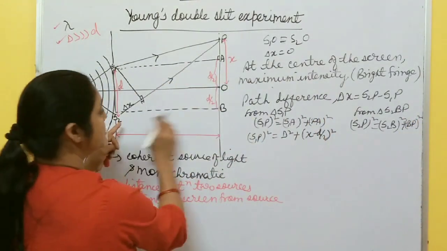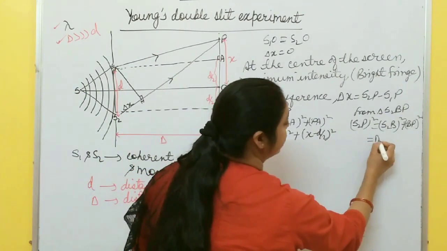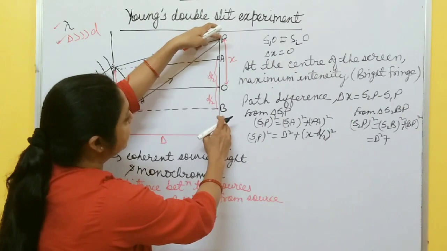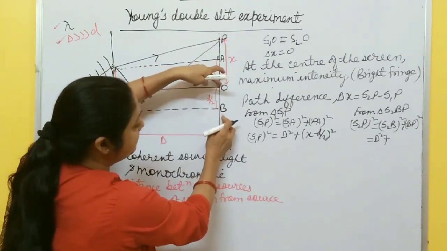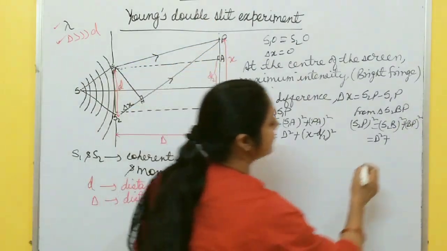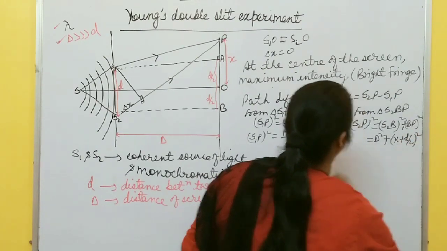What is S2B? S2B is capital D. So again this is D square plus BP, which means BO plus OP. BO is d by 2, and OP is x. So this becomes x plus d by 2 whole square.